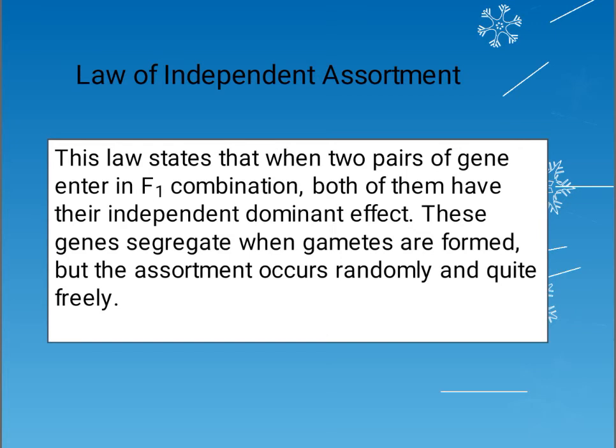Suppose there are two plants having different characters, then according to this law, simultaneous inheritance of two plant characters is explained. For example, in F1 generation, when two genes controlling two different characters come together, each gene exhibits independent dominant behavior without affecting or modifying the effect of another gene.